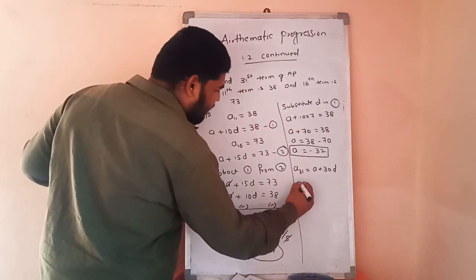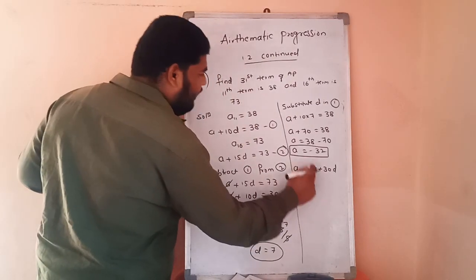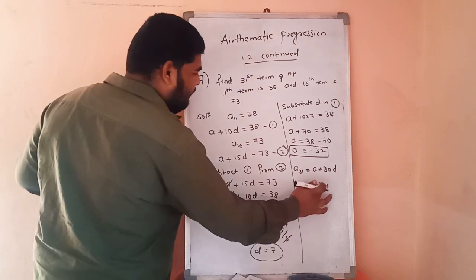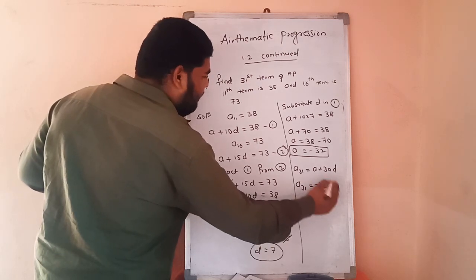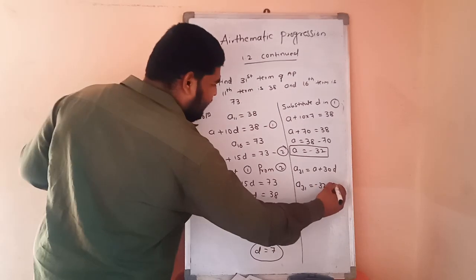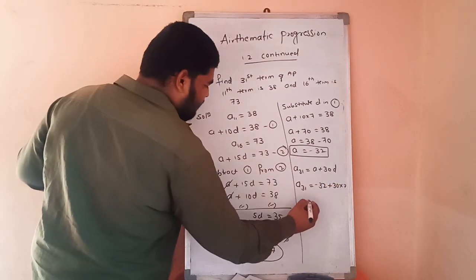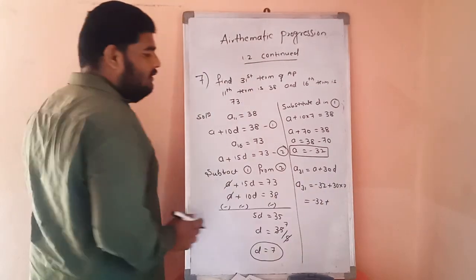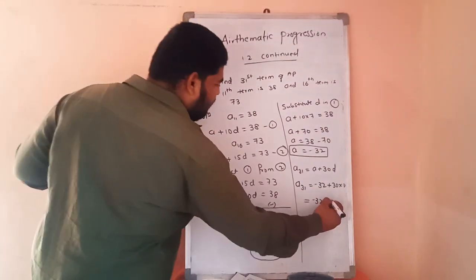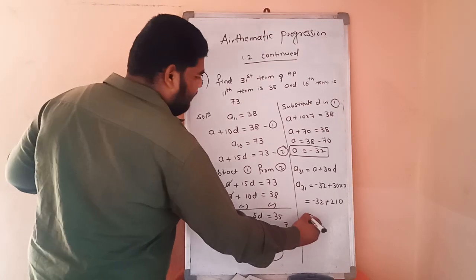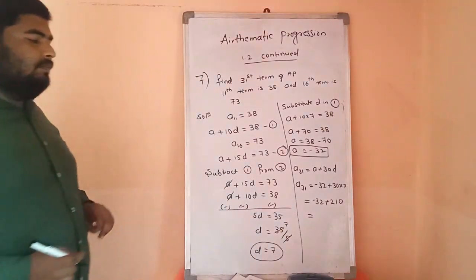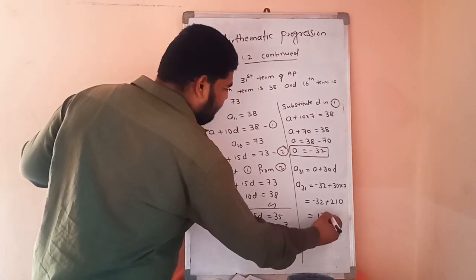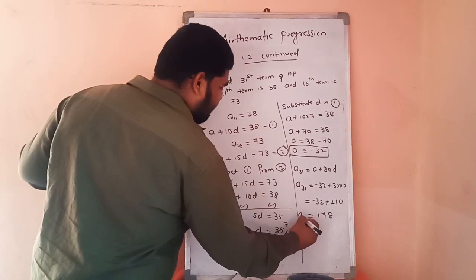So a31 is equal to minus 32 plus 30 into 7, that is minus 32 plus 210. Now subtract 210 minus 32, that is 178. So a31 is equal to 178.